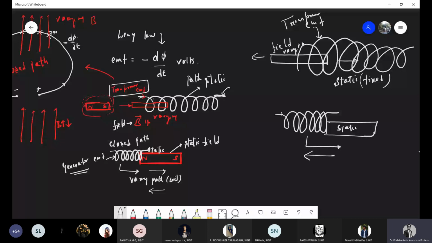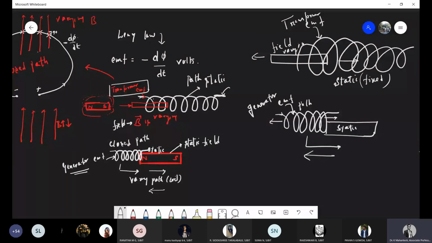You just try to move this inside and out of this magnetic field. There will be again EMF induced, and this EMF is called as generator EMF, where the path is varying.